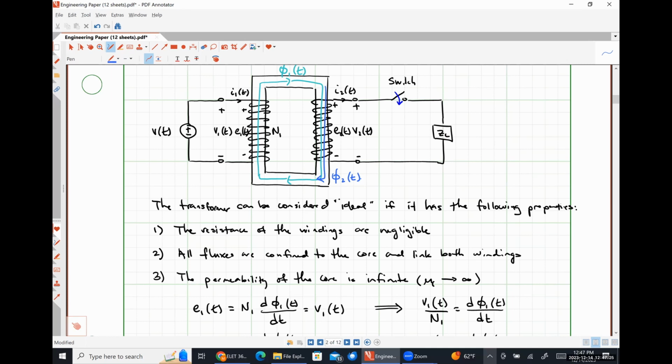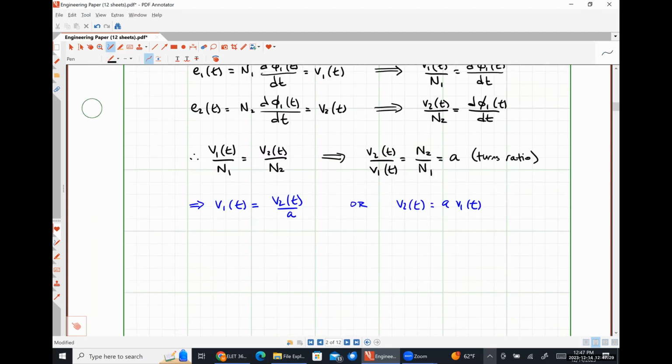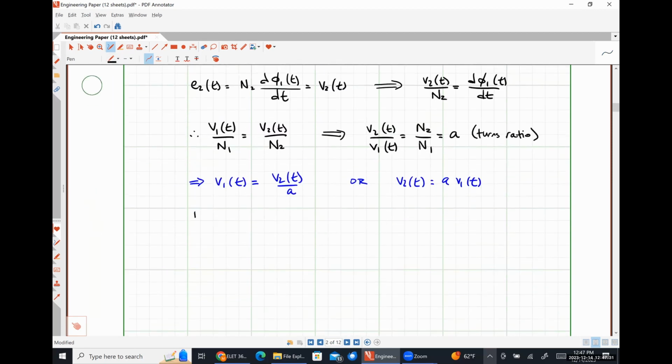So effectively what we're going to see is that there will be a net MMF in our system, and it will be N1 times I1 of t minus N2 times I2 of t.